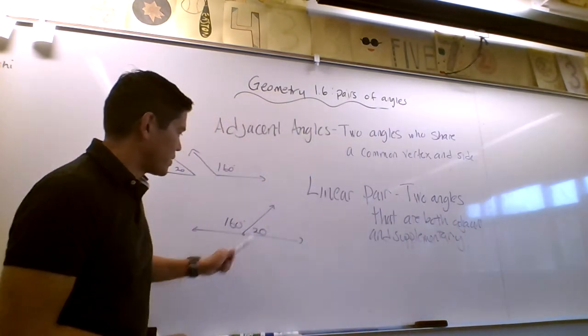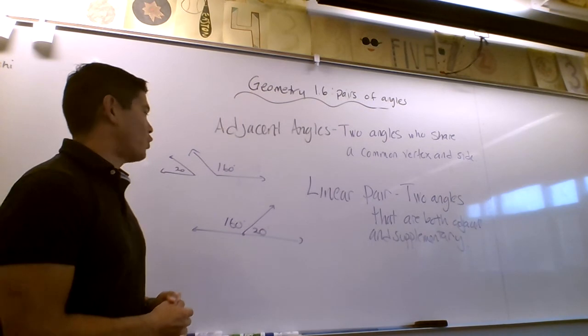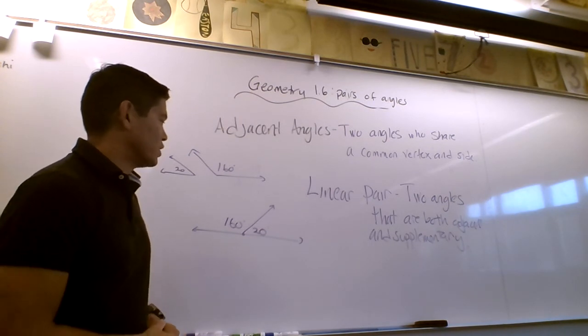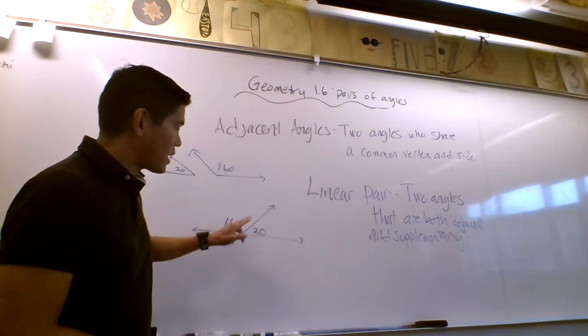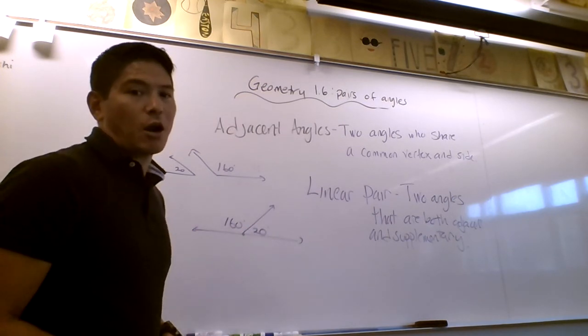So these two angles right here form a linear pair. It's also true that their non-common sides are opposite rays.